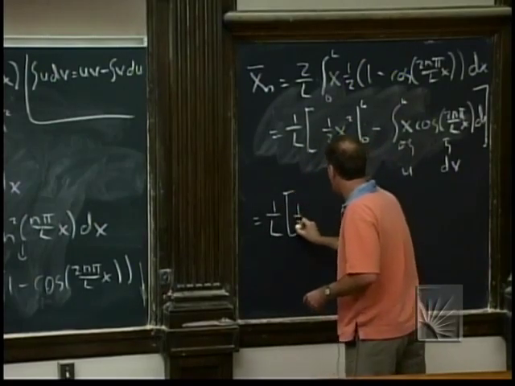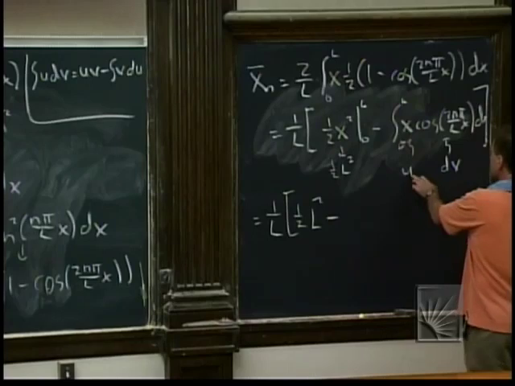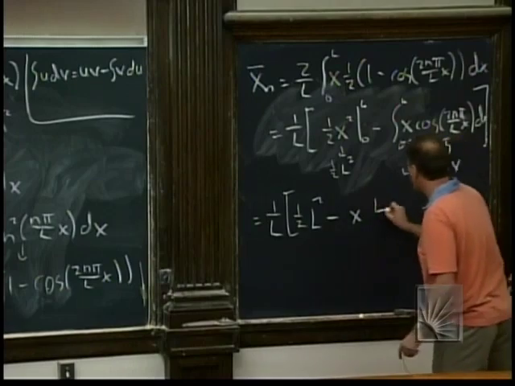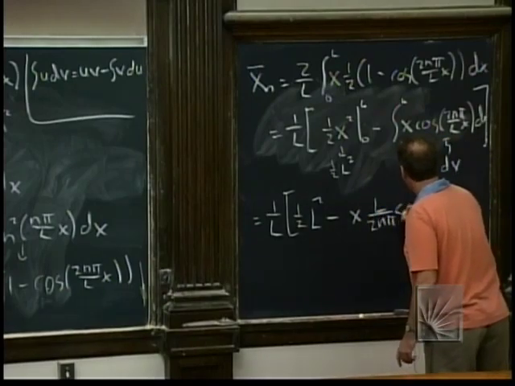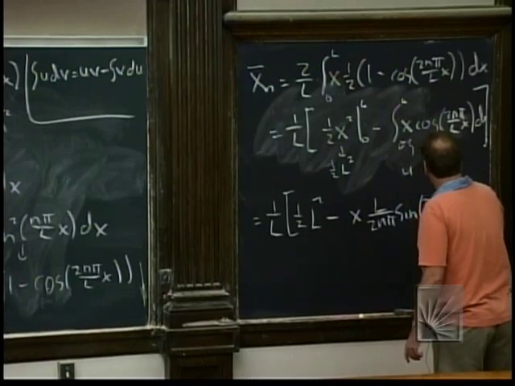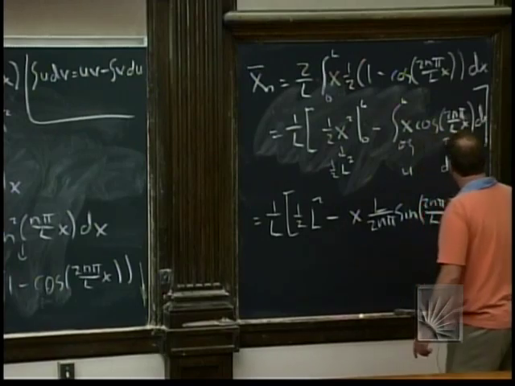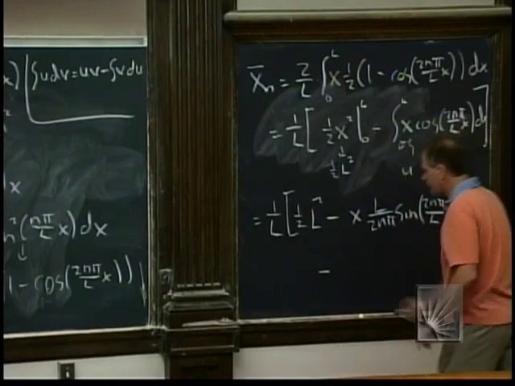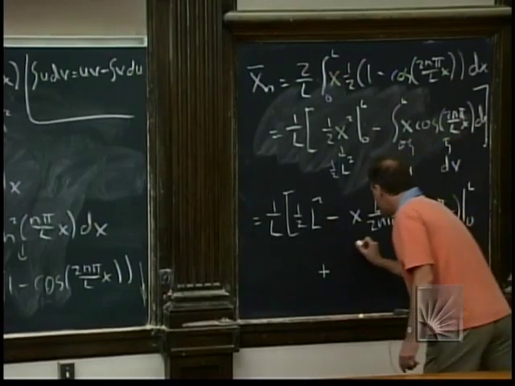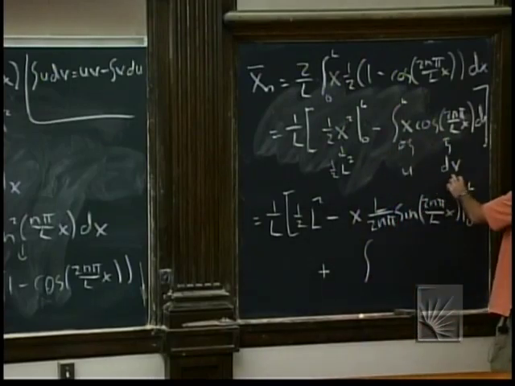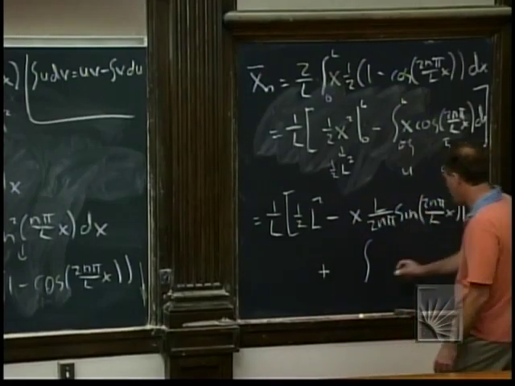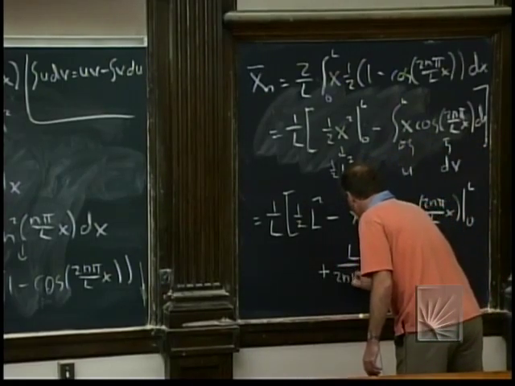That's 1/2 L squared minus, okay, so u times v is x times the integral of cosine, which is sine, and I take out the interior and flip it over. Integrate that, evaluate that at 0 and L. Minus, now I had this minus sign, so it becomes plus the integral of v and du. Now du makes x go to dx. I had all of this as u, so there's a constant out front.